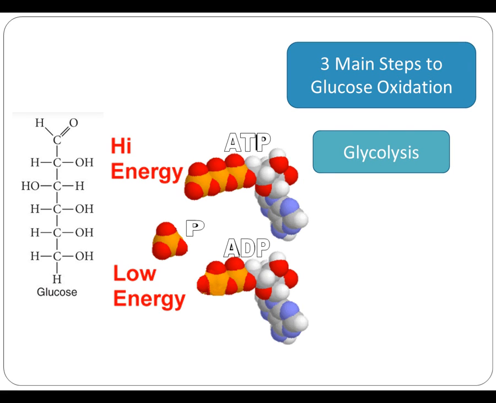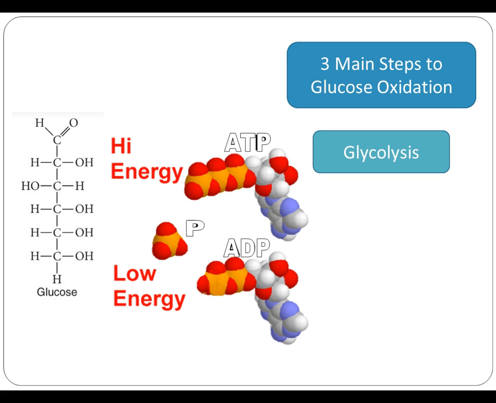Glycolysis is our starting metabolic pathway that splits a molecule called glucose to make pyruvate.